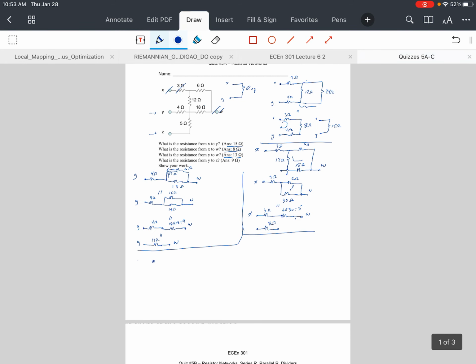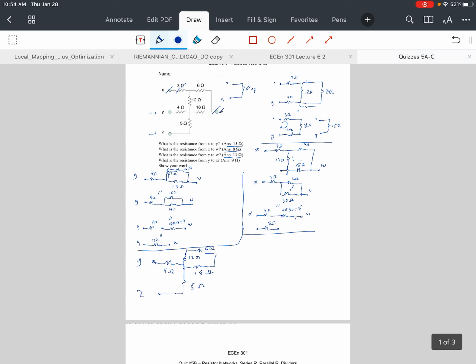This would be Y. We'll go through a 4 ohm resistor, and then we have 12 ohms, 6 ohms, and then here we have an 18 ohm resistor like that, and we've got a 5 ohm resistor out to Z.